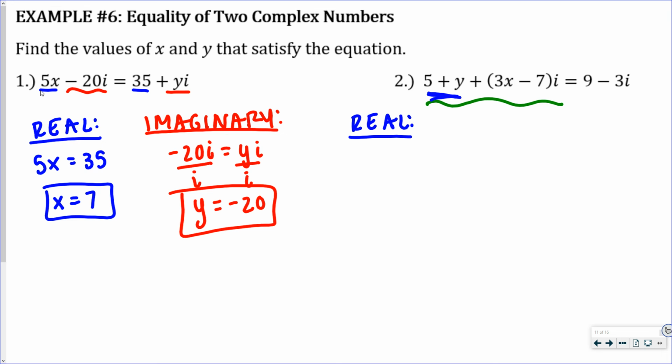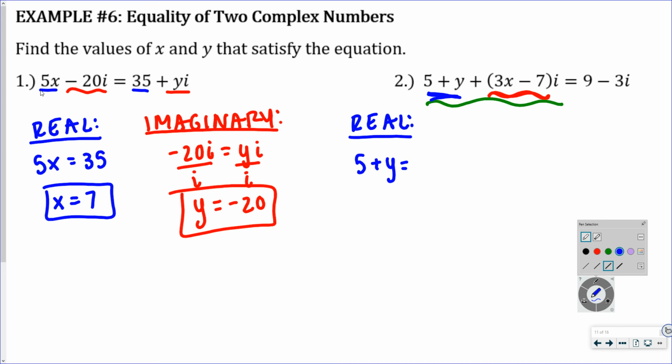Can we see how that 3x minus 7 is our imaginary part? Yeah, it's multiplied by i. Exactly. So our real part is 5 plus y. What's our real part on the right-hand side? 9. So y would be 4.